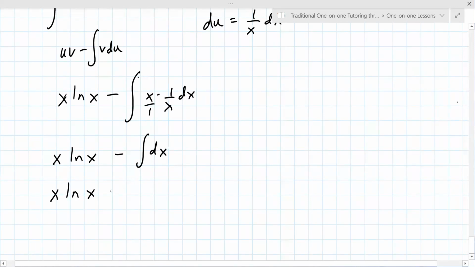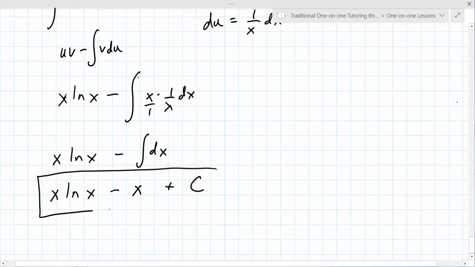So it's minus x plus c, because the integral of dx is x.